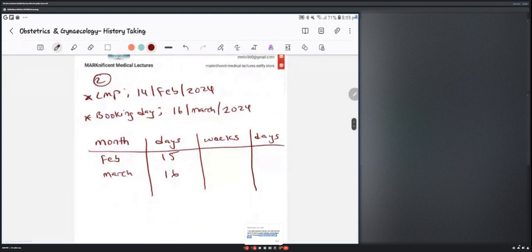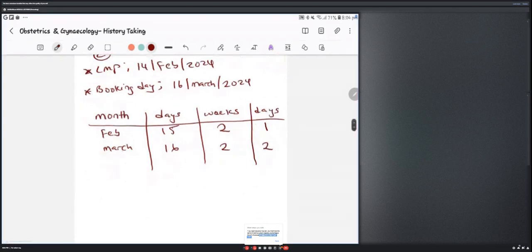Then for the weeks, you write how many weeks you have in 15 days. 2 weeks, 1 day. And here we'll have 2 weeks, 2 days. So we'll add up the weeks. What do we have here? 4 weeks, 3 days, isn't it?